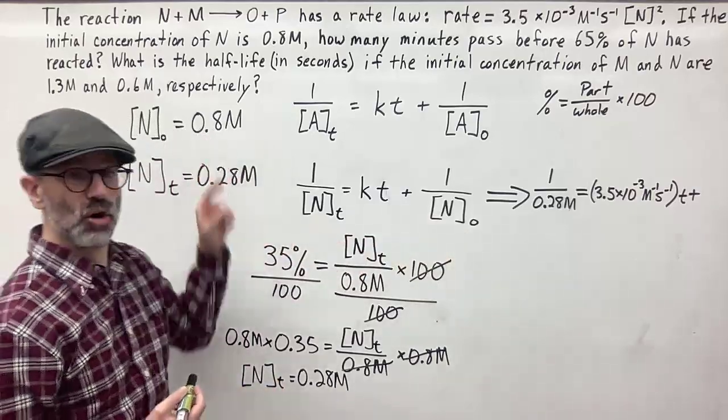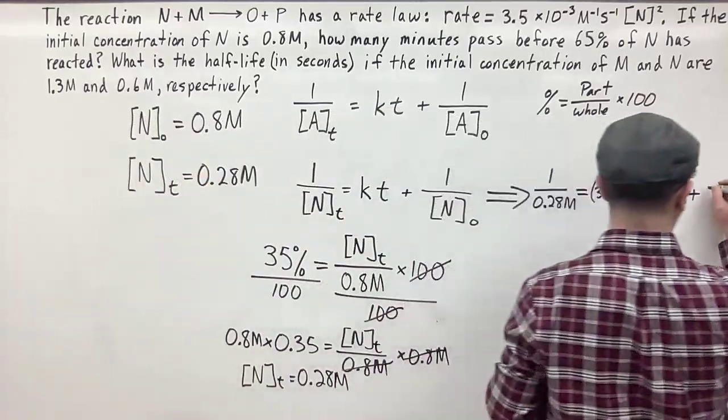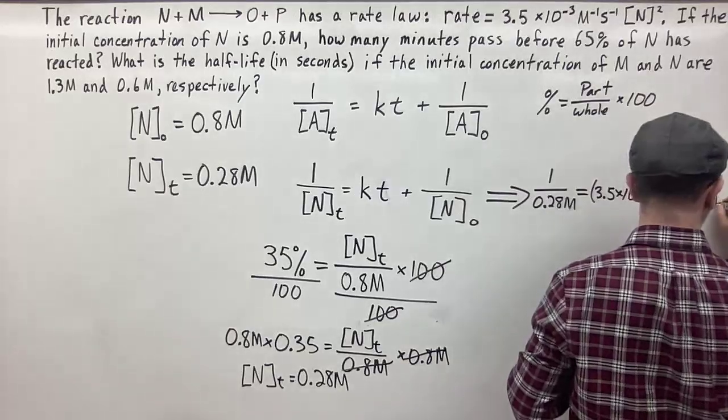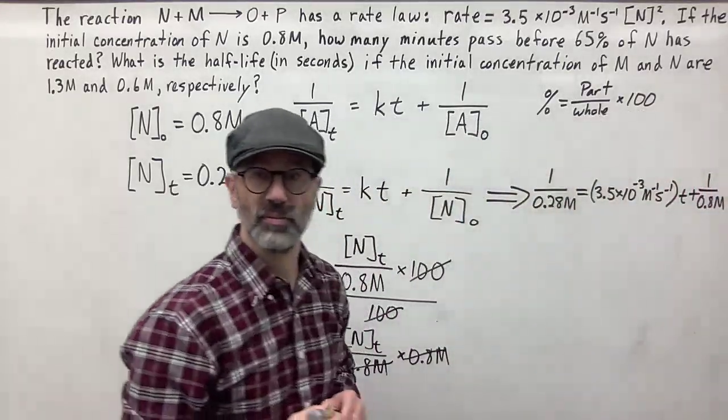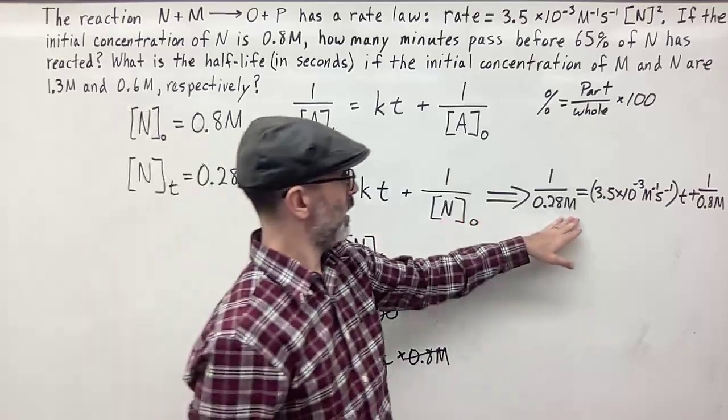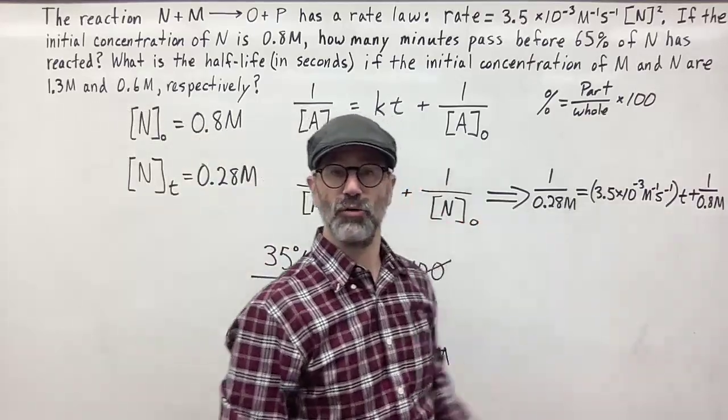So that was 0.8, so it's going to be 1 over 0.8 molar. So I just plugged everything in here. And so now all we have to do is solve for t.